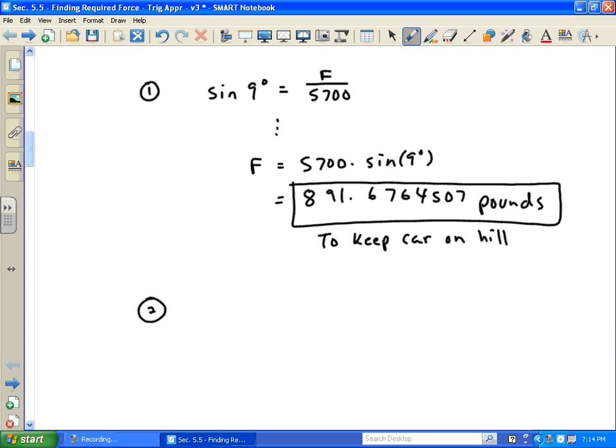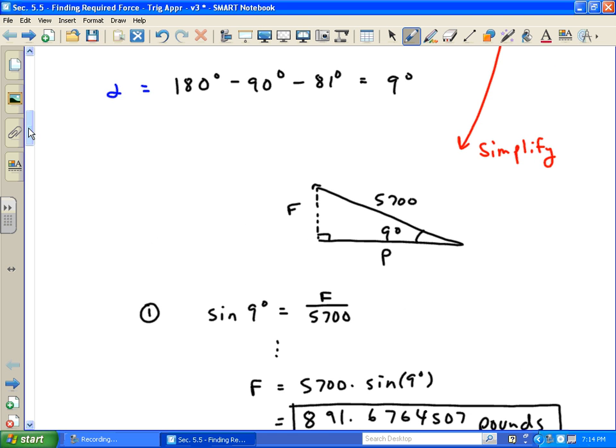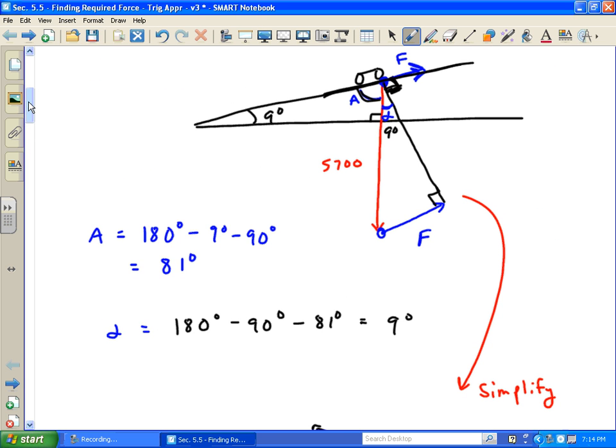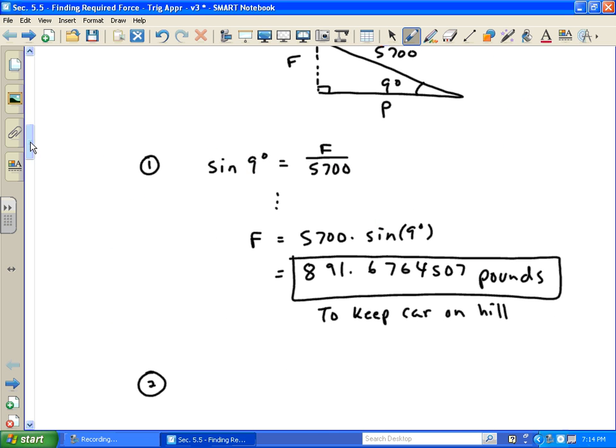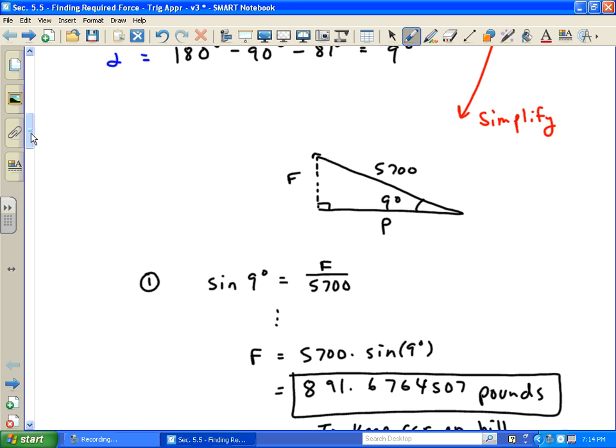The other question wanted to know the force that was perpendicular to the hill. So you see that that's what I've called the P. That's the bottom side down there. I can do something similar here, but I'm going to have to use a different trig function. To find P, I want to use something that involves the adjacent side, so I'm going to use cosine.